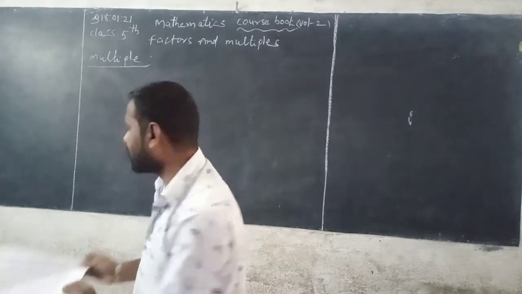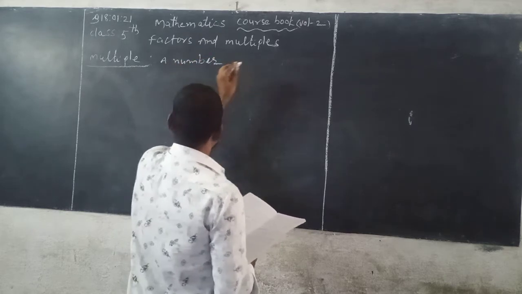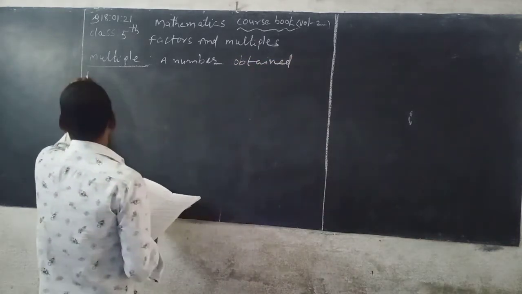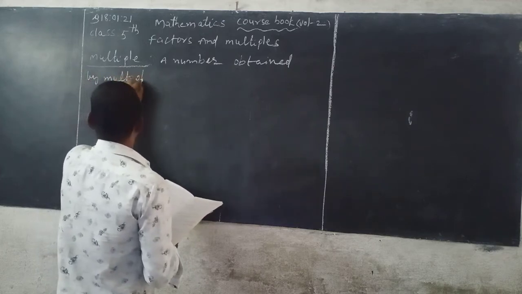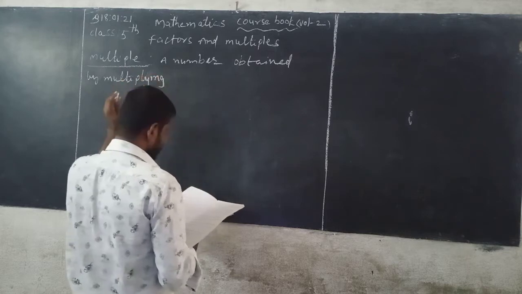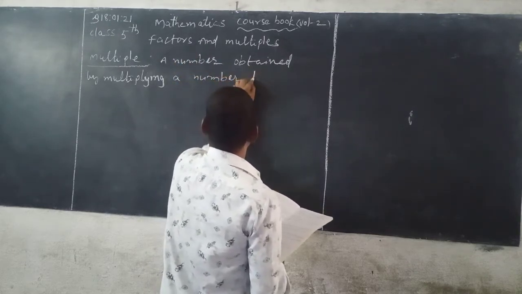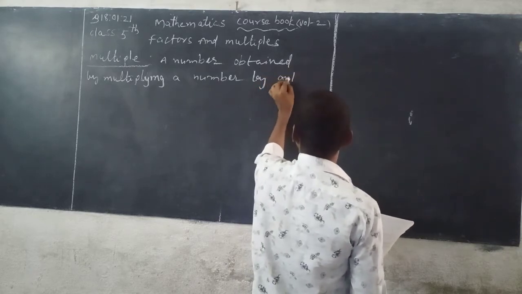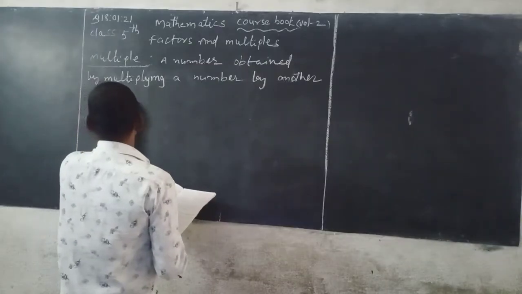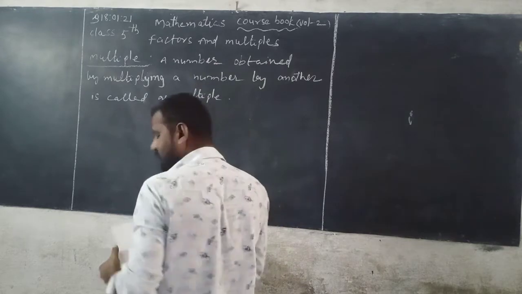See here, everybody write down. A number obtained by multiplying a number by another is called a multiple.